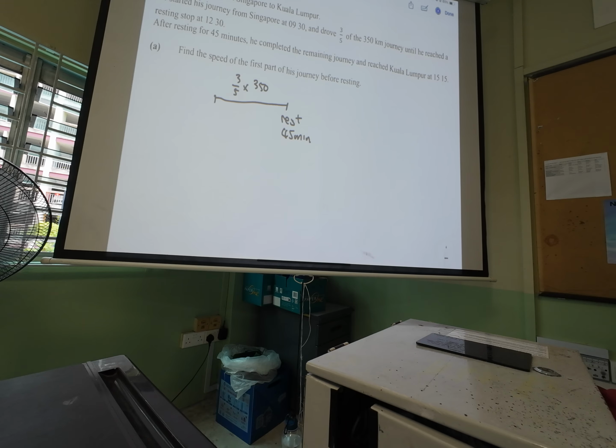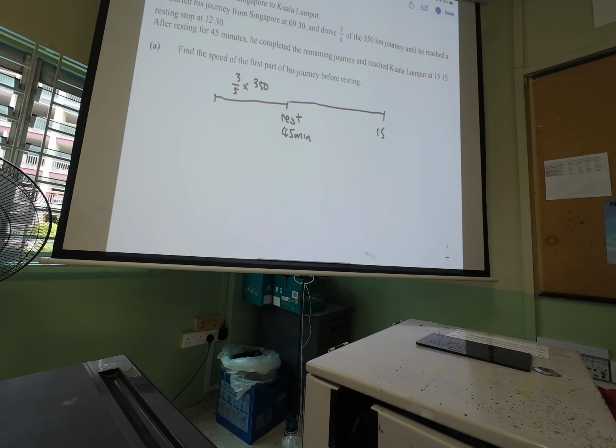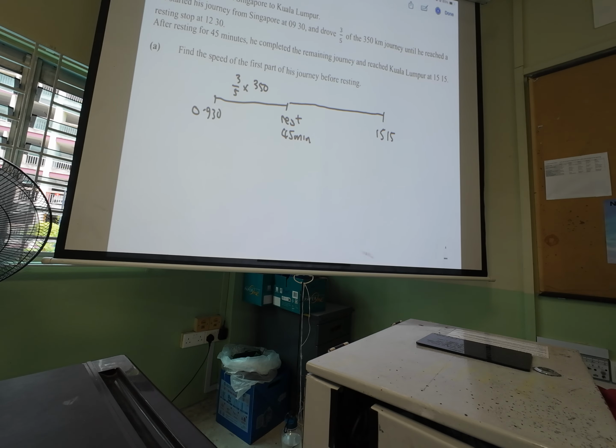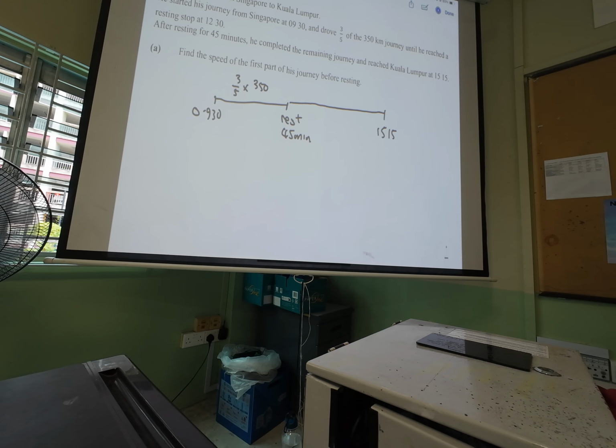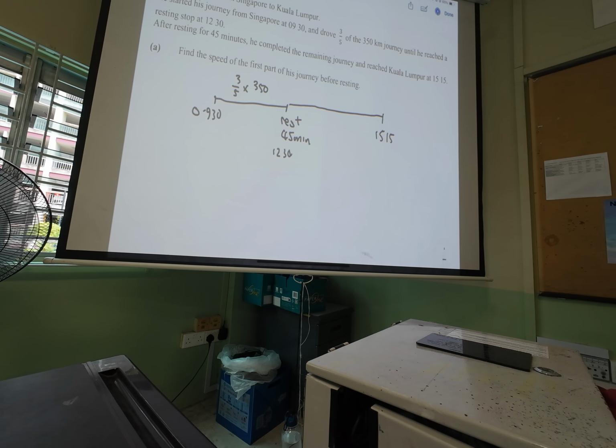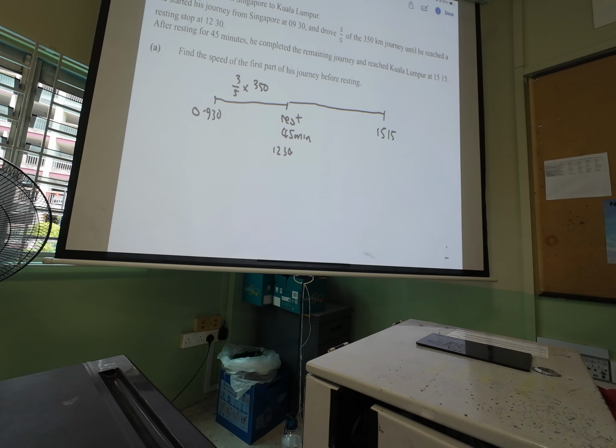So this is considered his second part of the journey. Then lastly, he completed the remaining journey, then finally reached at 15:15. He started at 9:30 and reached the resting stop at 12:30. Okay, this is the entire story.